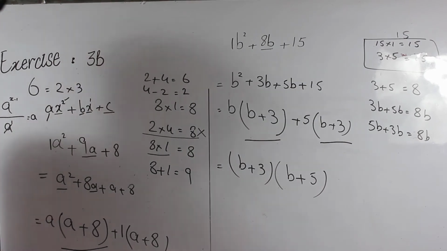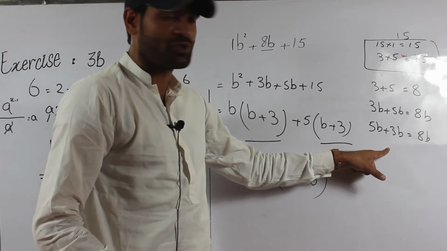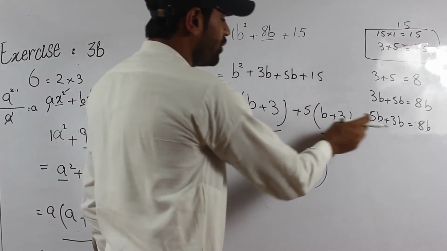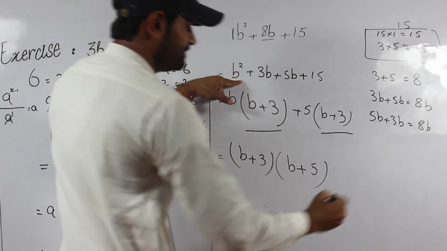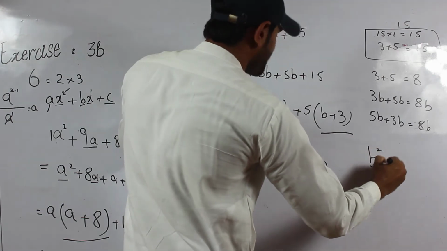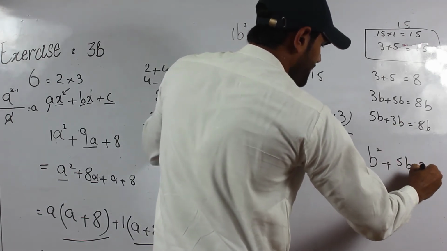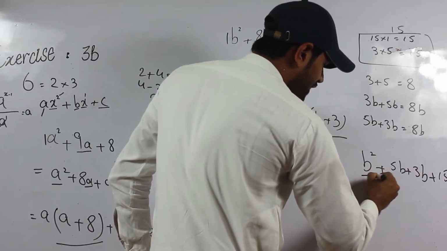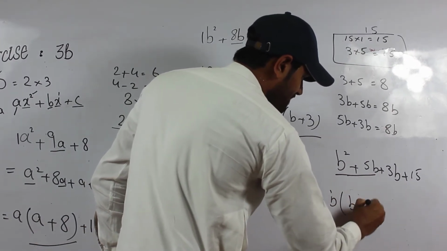As I said, if we change their positions, it does not matter and no change occurs. So instead of 3b plus 5b, I change it to 5b plus 3b. So from b squared plus 3b plus 5b plus 15, I change the positions of these two terms. First b is common from the first two terms, so I take b plus 5.